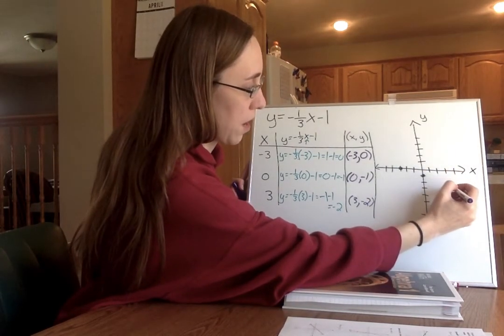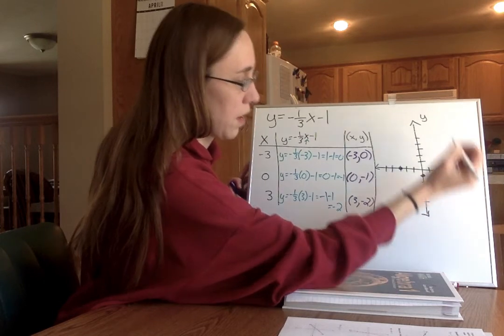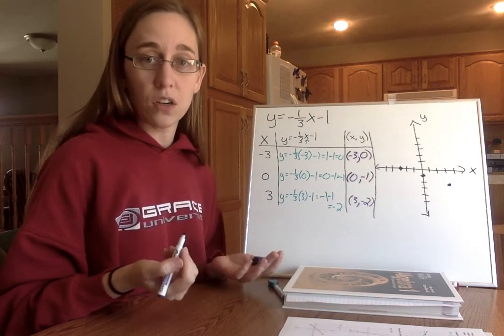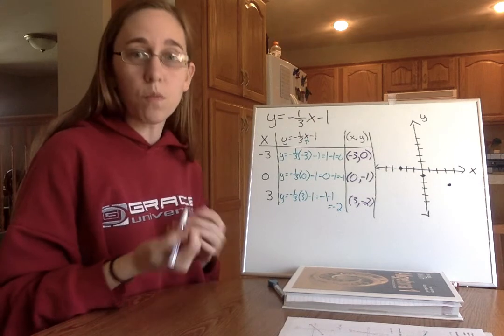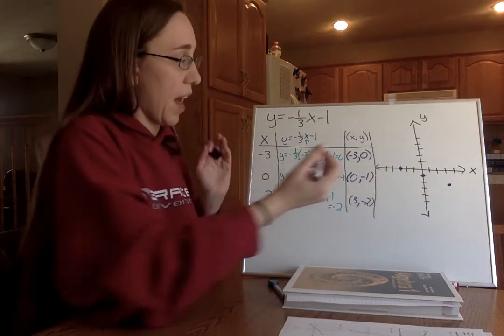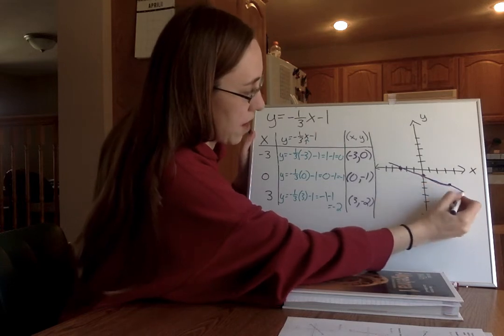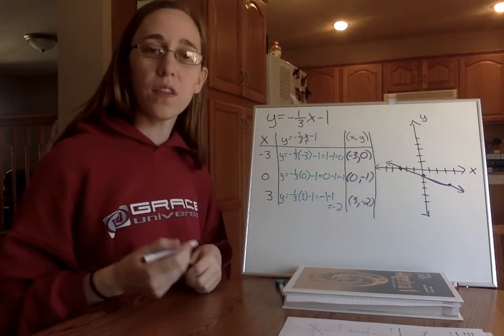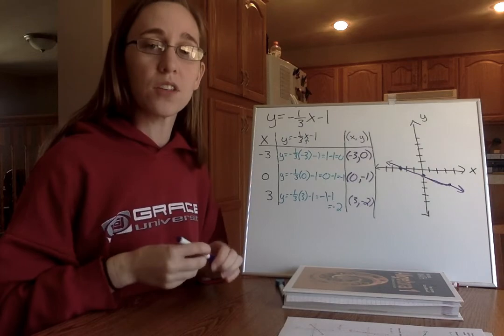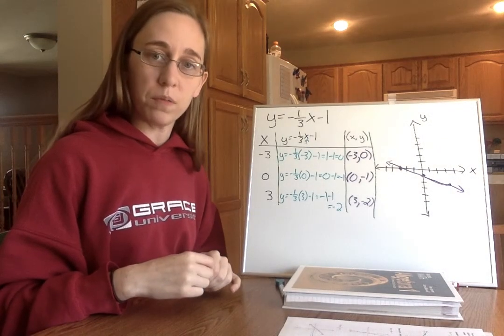And 3, -2 is right there. They look like they're in a straight line, so that tells us we've more than likely done it correctly, and we have. So now we can connect those with a straight line, put our arrows on the end, and we have graphed our equation using a table.